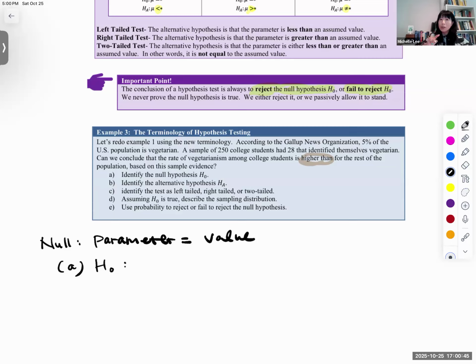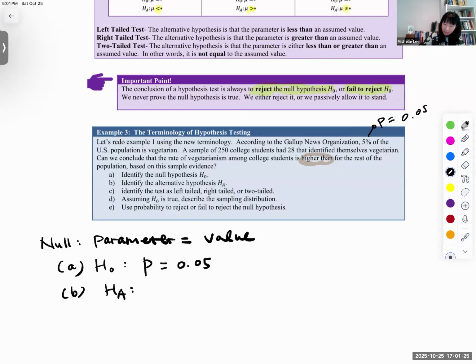The 5% is a population proportion. Among P, mu, and sigma, we use P because 5% is P. The value we use is 0.05, because 5% is a percent, not the number.